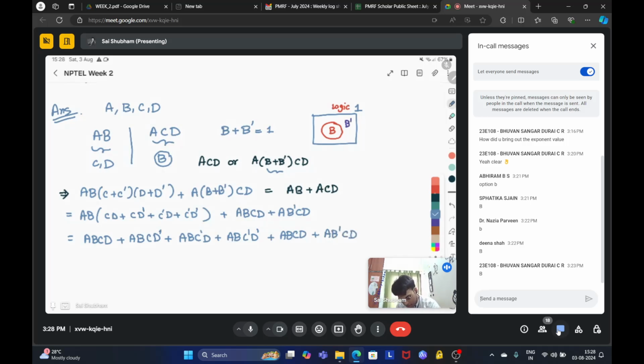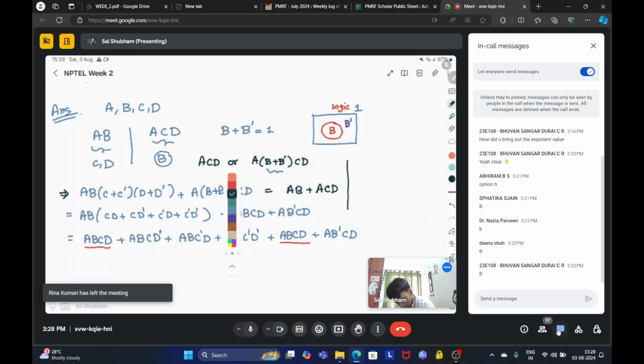Now we have a repetition. These two terms are the same. If we have two identical signals and we add them, the result is the same. For example, if you add two zeros, it will still be 0. If you add two 1s by logic, it will still be 1.